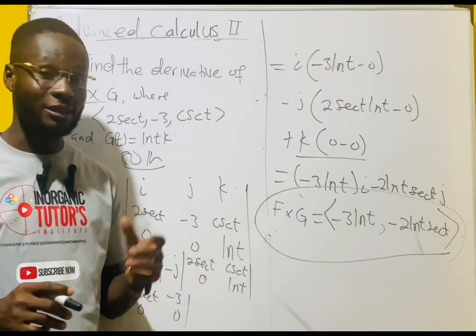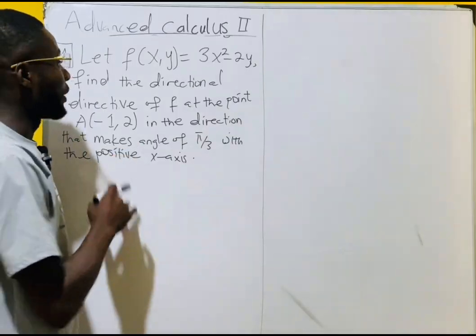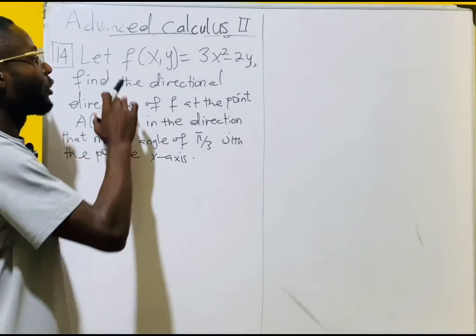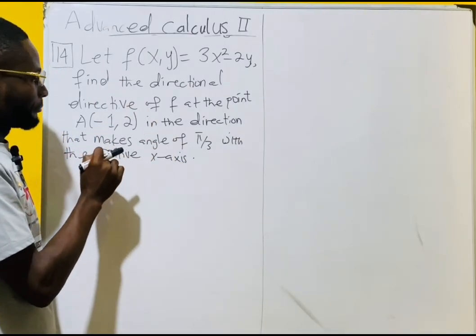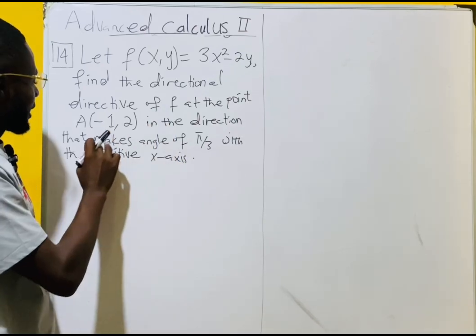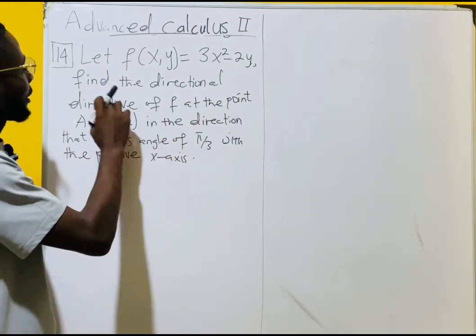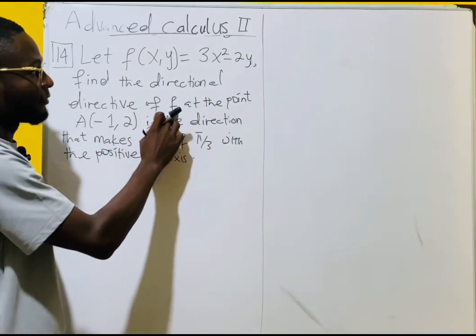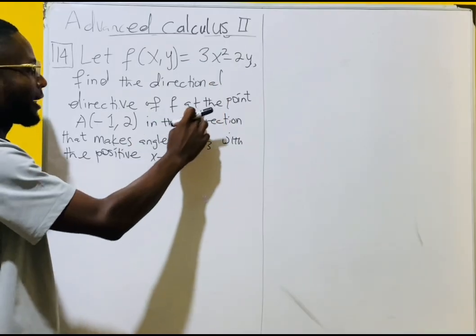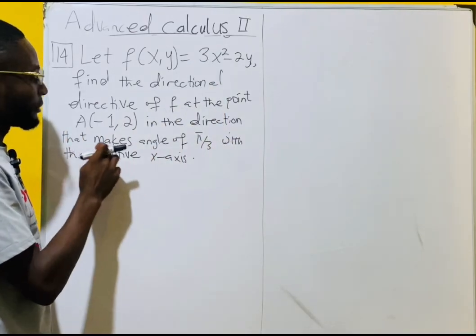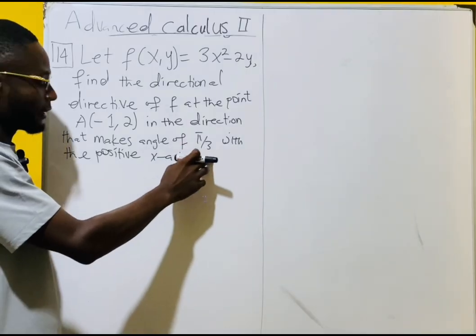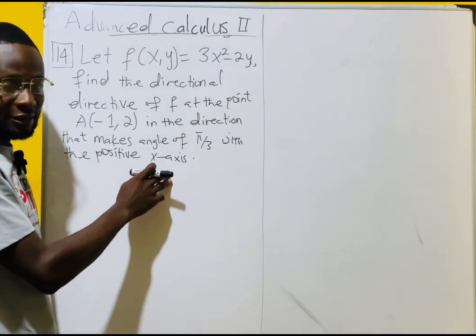Let's move on to question number 14. So with question number 14, we want to find the directional derivative of this function, right, at the point -1 and 2 in the direction that makes an angle of pi on 3 with the positive x-axis.